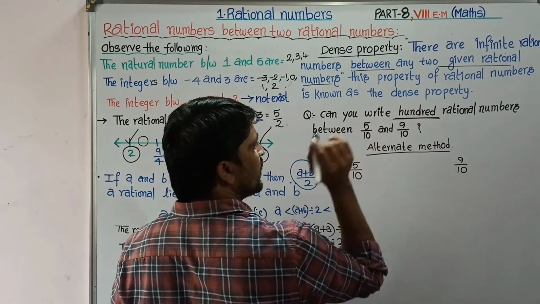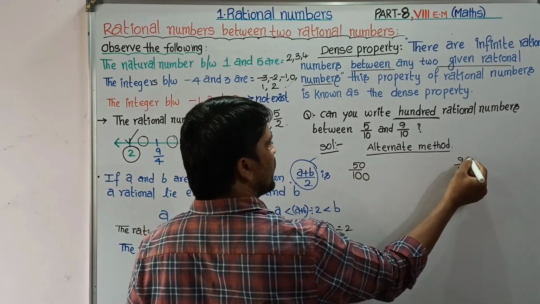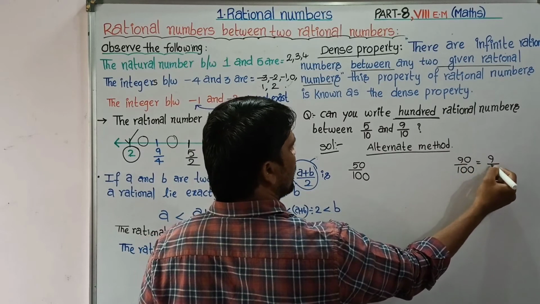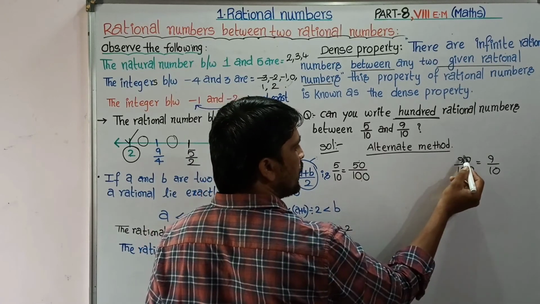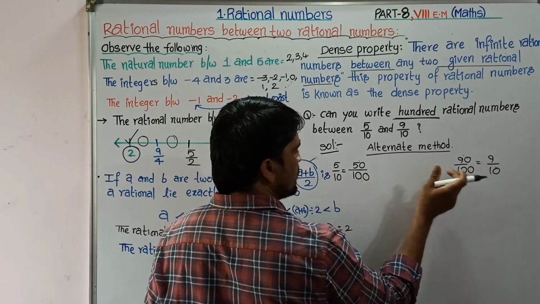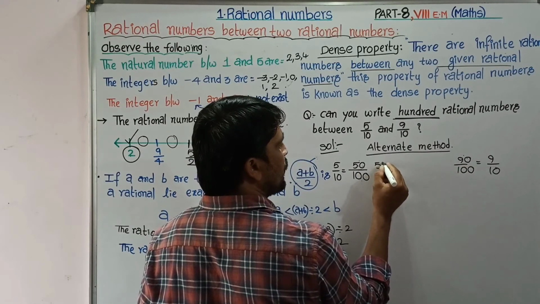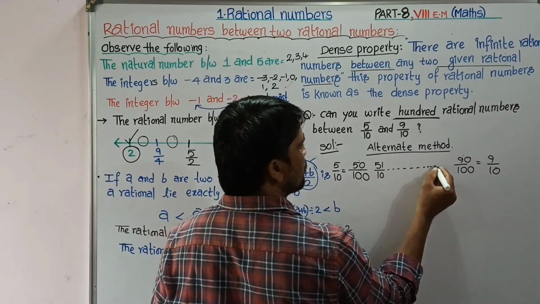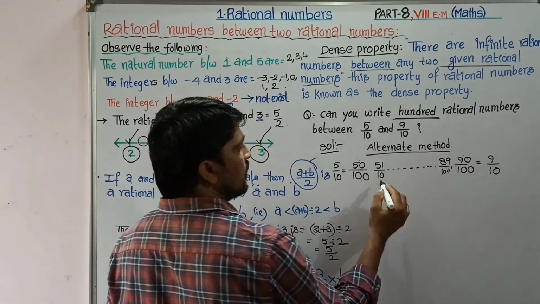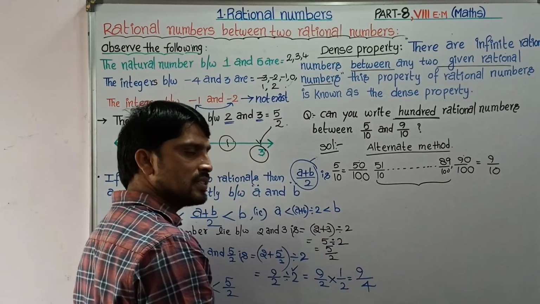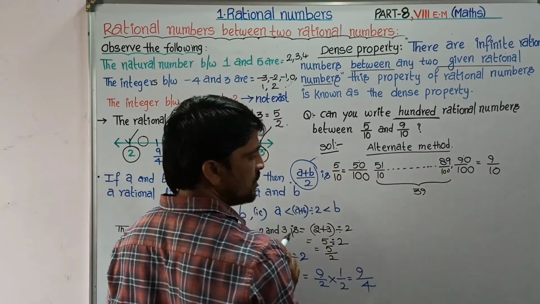Between 50 by 100 and 90 by 100, as they are like rationals, we can insert the rational numbers 51 by 100 up to 89 by 100. We can insert 39 rational numbers between 5 by 10 and 9 by 10 in this way.